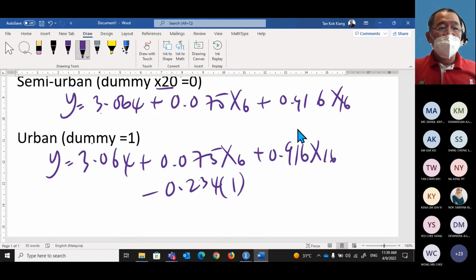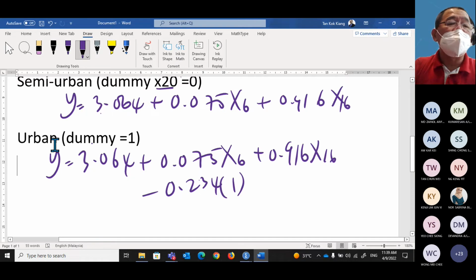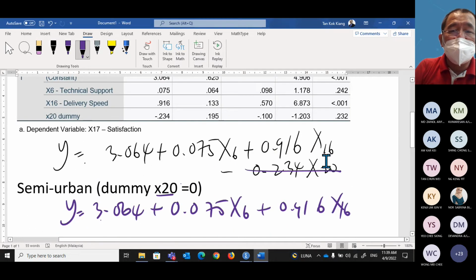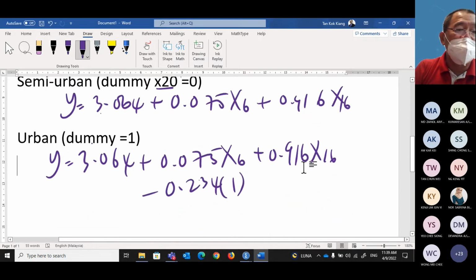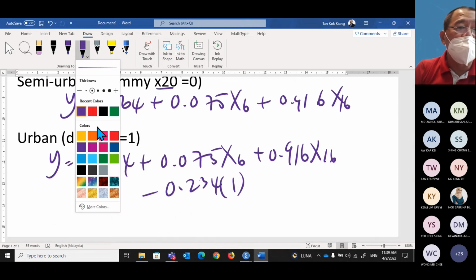You can see this is the equation for the urban respondents. Everything is the same, but when you see x20, you change it to 1 for the urban.